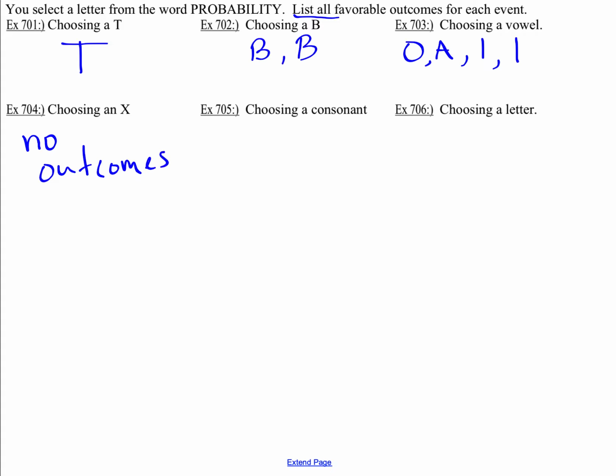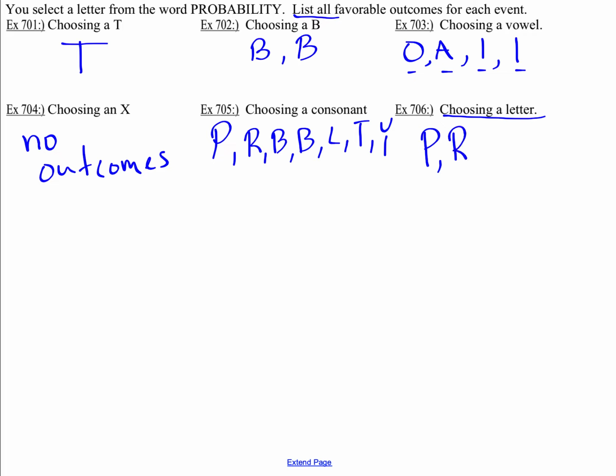Okay, next, list all favorable outcomes for choosing a consonant. Now, consonants are letters that are not vowels, so this would include everything except O, A, I, and I. So P, R, B, another B, an L, a T, and a Y. That would be the list of favorable outcomes for choosing a consonant: P, R, B, B, L, T, Y. The favorable outcomes for choosing a letter, since every letter in the word probability is itself a letter, any of these letters is a favorable outcome.